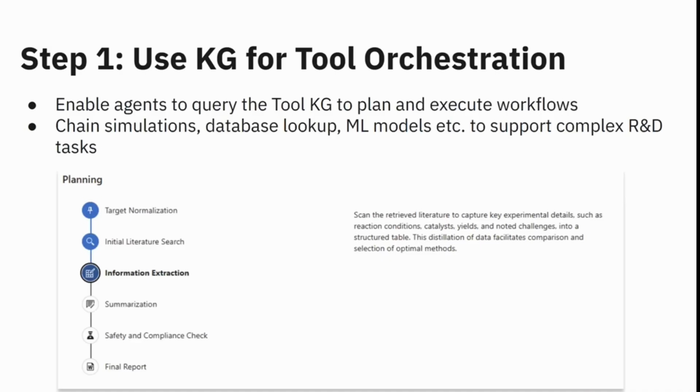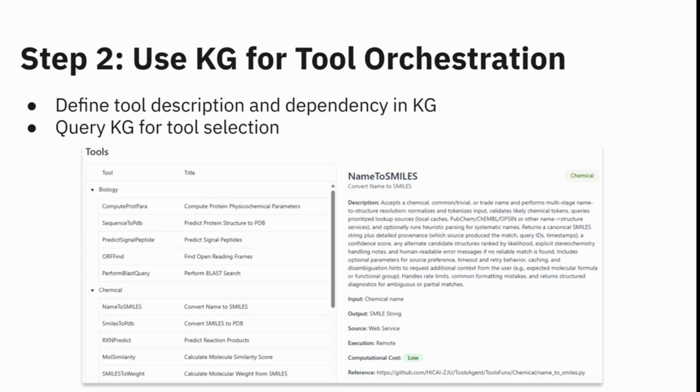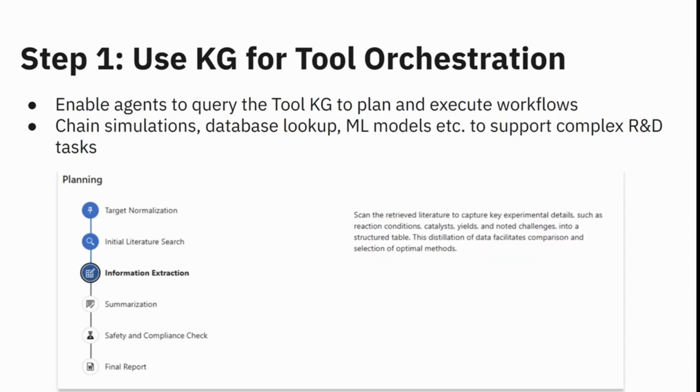Here's some of the work I did as a quick proof of concept. Again, the first one is using knowledge graph for tool orchestration. We have the ability to use knowledge graph, as implemented in MarkLogic, to orchestrate the use of different tools. Oh, sorry, I think there was a typo. The first step is actually planning, AI agent planning.